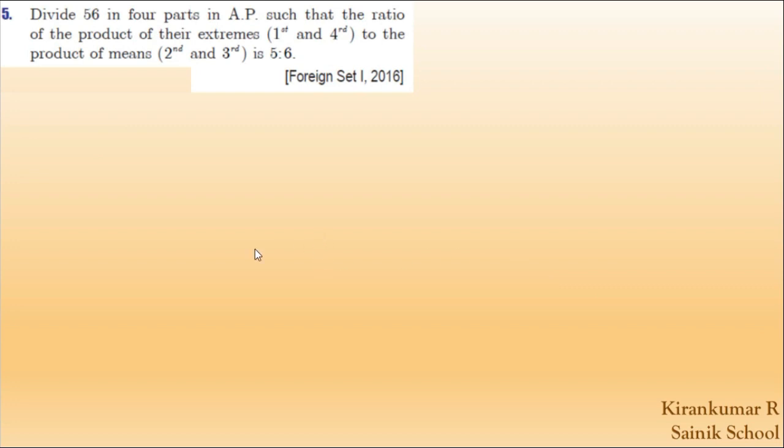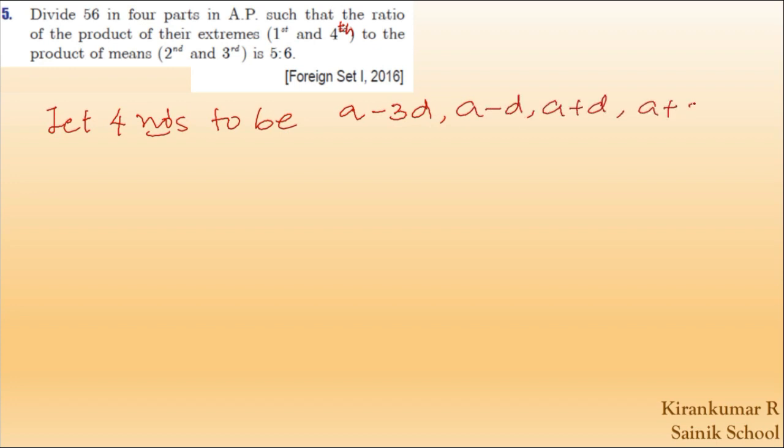Next question, very important. Divide 56 into 4 parts in arithmetic progression such that the ratio of the product of their extremes, first and the fourth, to the product of means, second and the third, is 5:6. For our convenience, we consider the 4 numbers to be a minus 3d, a minus d, a plus d, a plus 3d.